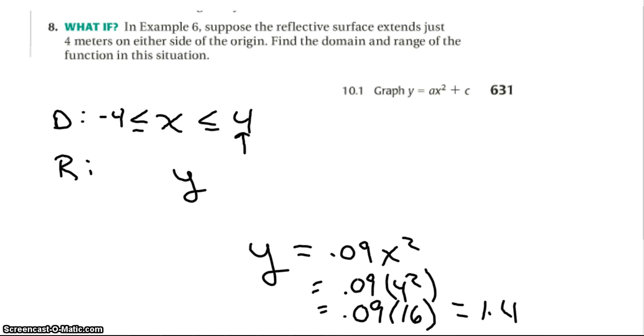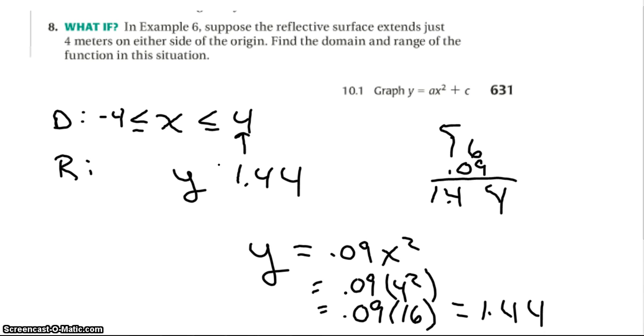Is that right? Well, we can do it really quick. 1.44. So you're really close. Good job. So 1.44 is the greatest height, and the least height, everyone? 0 again at the center. So it could be anywhere from 0 to 1.44.